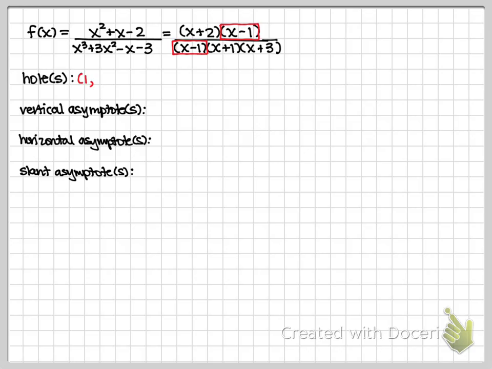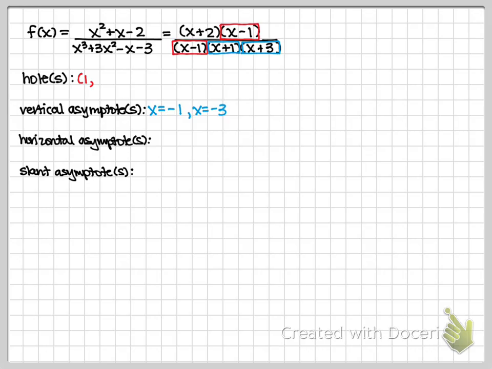And then if I take a look at any other factors in the bottom that don't match the top, I have x plus 1 and x plus 3, which means I actually have 2 vertical asymptotes. I have x equals -1 and x equals -3.